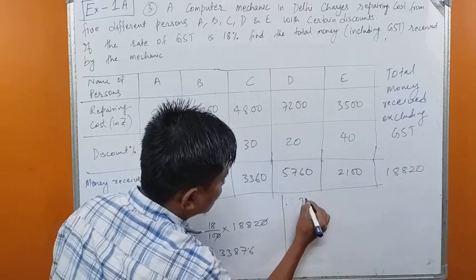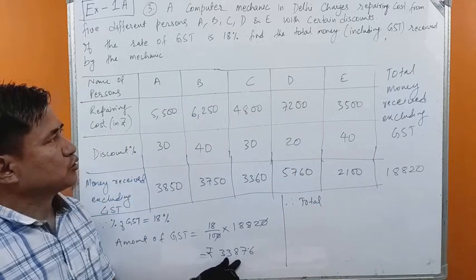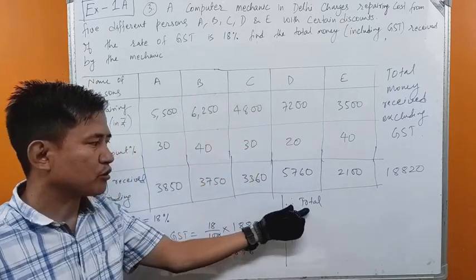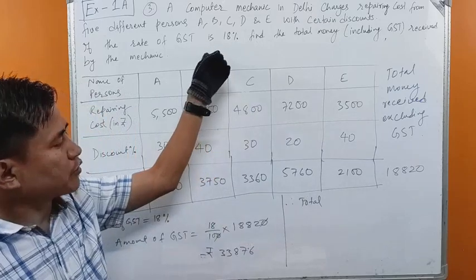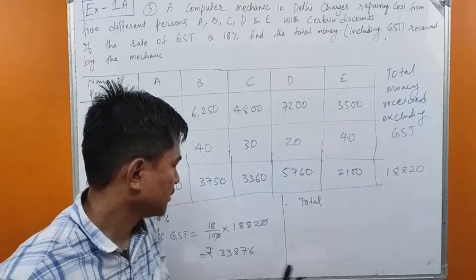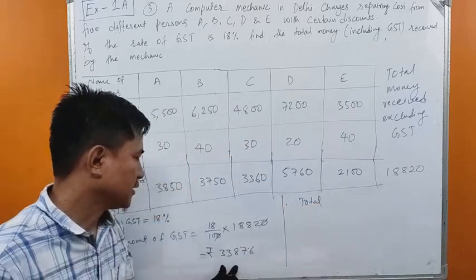Therefore total money, so this GST should also be charged from A, B, C, D and E. So the total money that the computer mechanic will receive from A, B, C, D and E is the total selling price plus GST, isn't it?